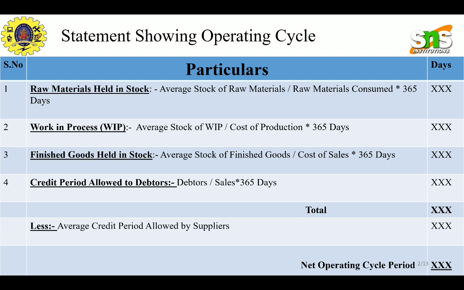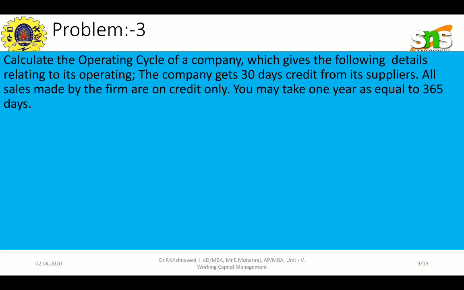Let's go for problem number 3. Calculate the operating cycle of a company which gives the following details related to its operations. The company gets 30 days credit from its suppliers.